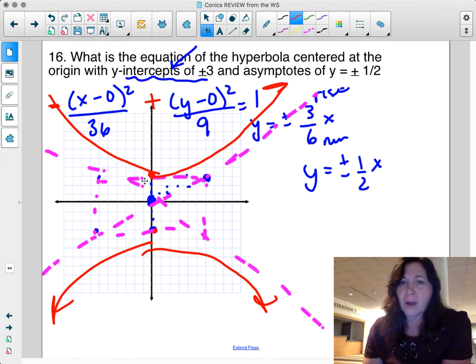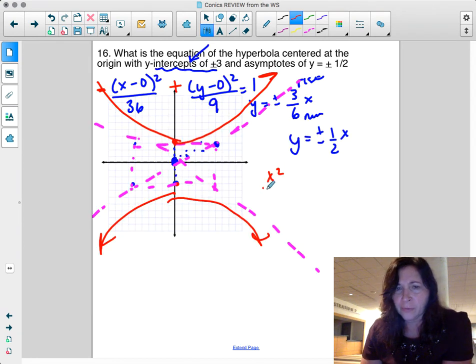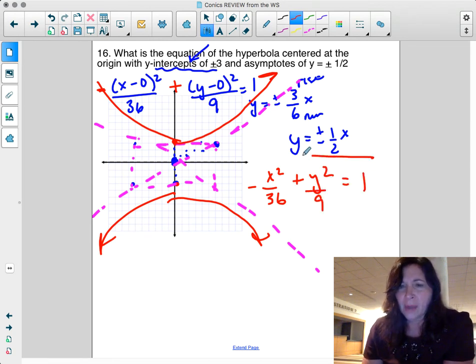So my equation of my hyperbola is going to be finally negative x squared over 36 plus y squared over 9 is equal to 1. And so that would be the equation of my hyperbola.